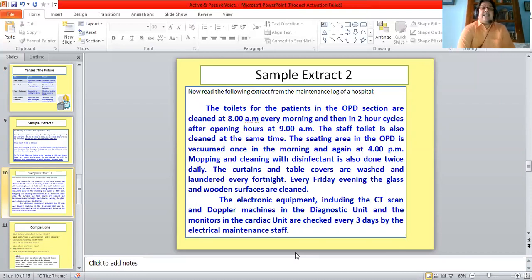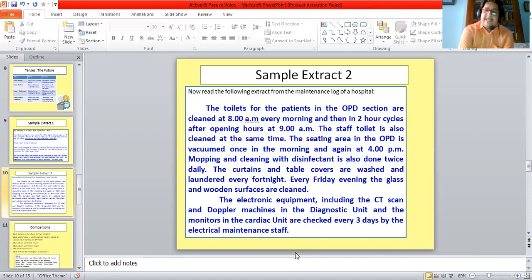The curtains and table covers are washed and laundered every fortnight. Every Friday evening, the glass and wooden surfaces are cleaned. The electronic equipment, including the CT scan and Doppler machines in the diagnostic unit and the monitors in the cardiac unit, are checked every 3 days by the electrical maintenance staff.